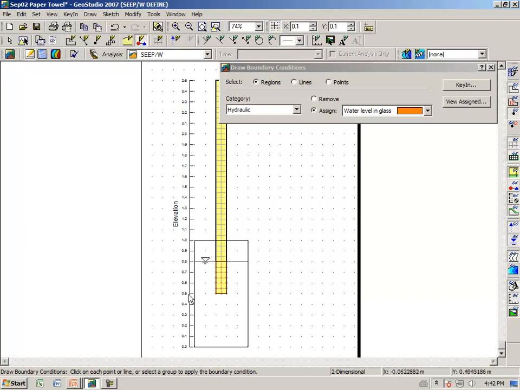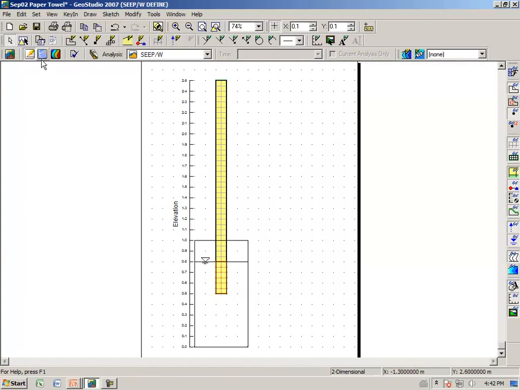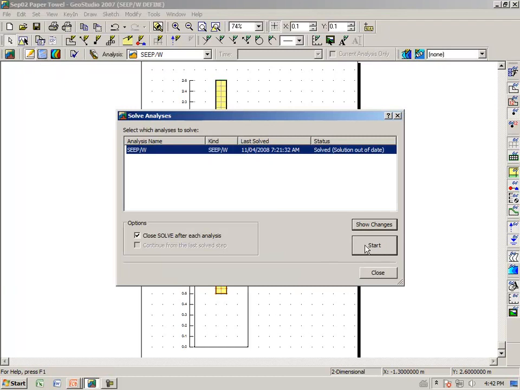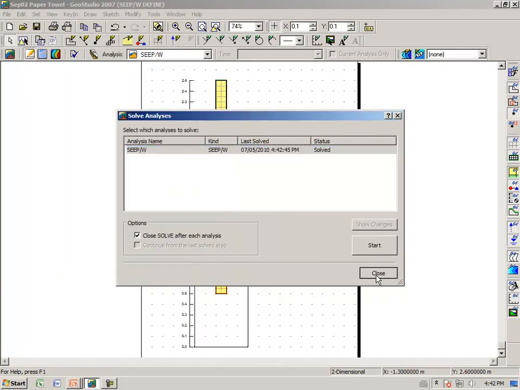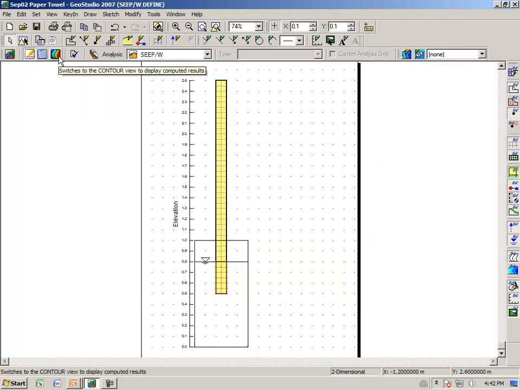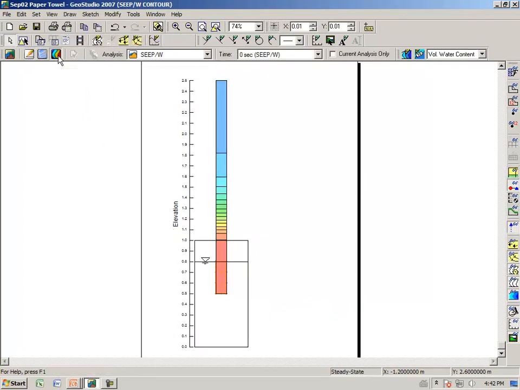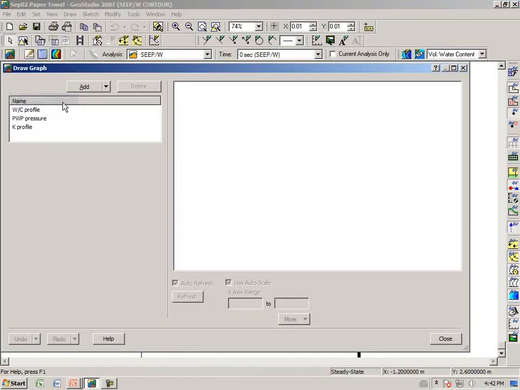The pressure head is 0.3, the elevation is 0.5, so once again the total head is 0.8. We can click on the Solve button and resolve this problem. And then we go to the Results view and go to Draw a Graph.